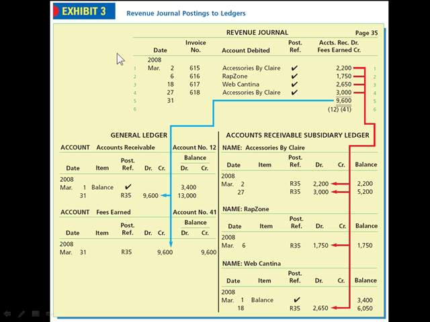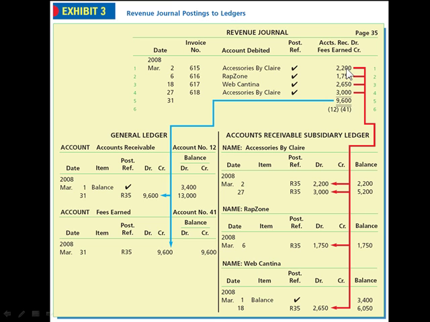Okay, so let's spend some time on this page. So here's the revenue journal from the previous page. Then what happens is at the end of each transaction, you post the transaction to the accounts receivable subledger. So Accessories by Claire has its own subledger. Wrap Zone has its own subledger. Web Cantina has its own subledger.